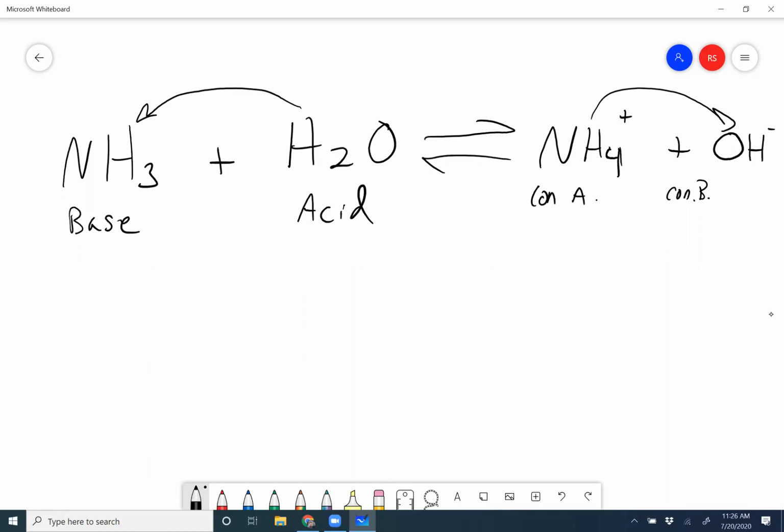And hydroxide is a very strong base. So we have a strong conjugate base. And so it's going to be able to take its hydrogen back. And we're going to go backwards more than we're going to go forwards. Okay. But it's still going to occur. And that's what causes ammonia to act like a base.